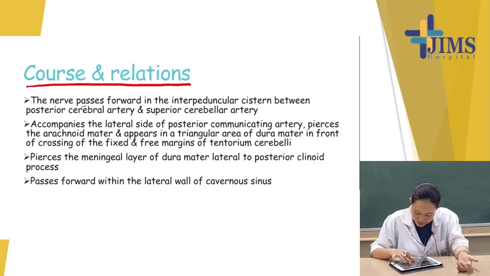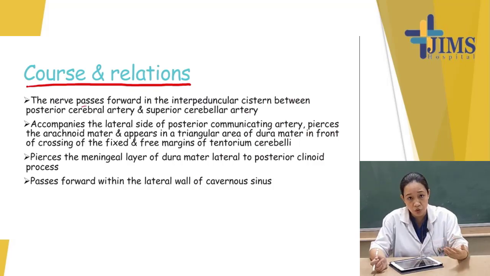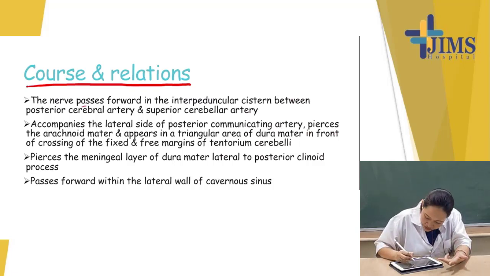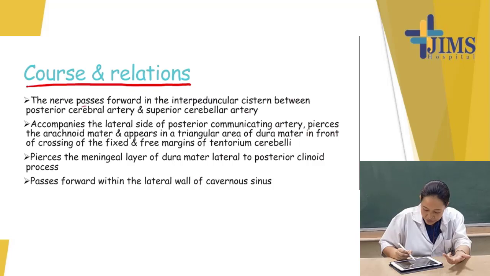What it means is, after it passes from the interpeduncular fossa, it passes forward in between the two arteries, that is the posterior cerebral artery and the superior cerebellar artery. After it passes between these arteries, we can see the posterior communicating artery here. So, we can clearly see that the oculomotor nerve lies lateral to the posterior communicating artery.